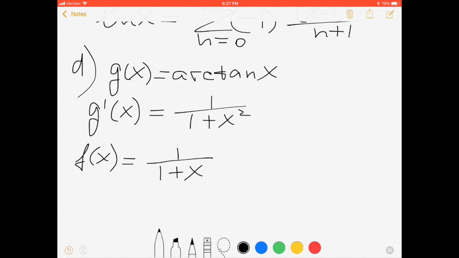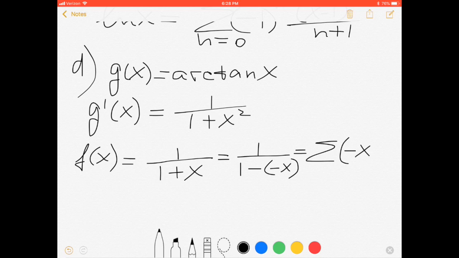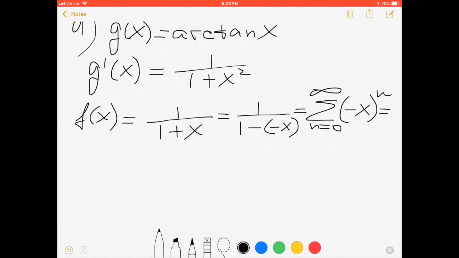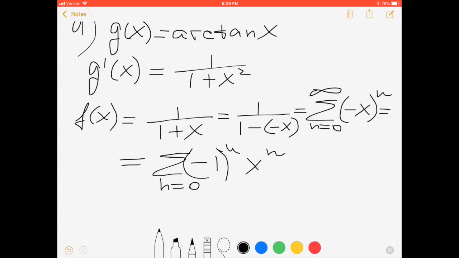Here we need to rewrite our function as 1 over 1 minus negative x, or the series of negative x to the power n from 0 to infinity, or we can write it as negative 1 to the power n, x to the power n, from 0 to infinity.